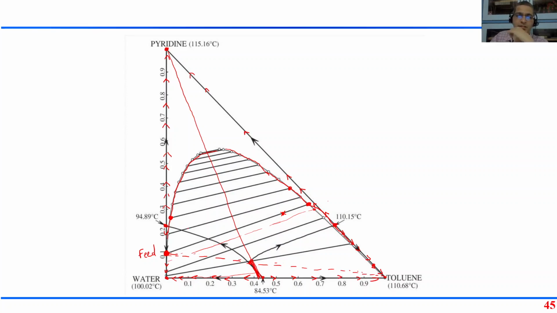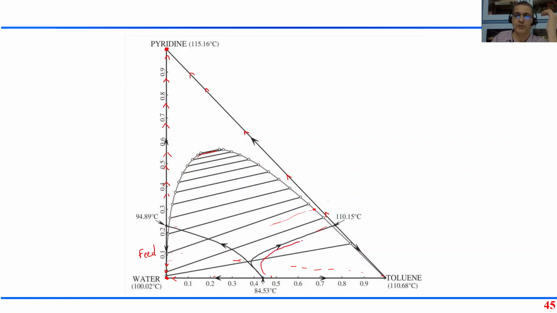Residue curves, this is one distillation boundary. This is another distillation boundary. I have one distillation region, another distillation region, and a third distillation region. Look at the residue curve maps. If you want to draw residue curve maps, they will look something like this. We are starting with the lowest temperature. Recall how we started with the residue curves.